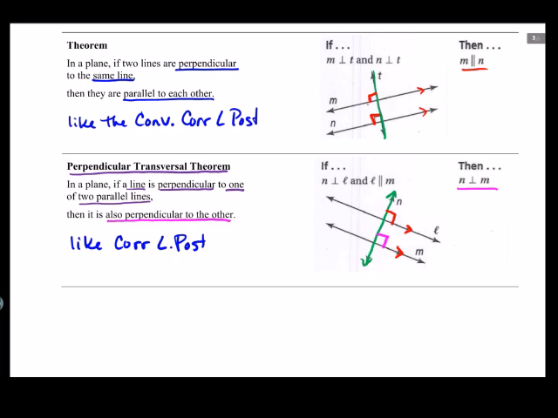So a lot of really useful postulates and theorems in this section. Parallel lines cut by a transversal create extremely special angle pairs. We are going to have fun with parallel lines.